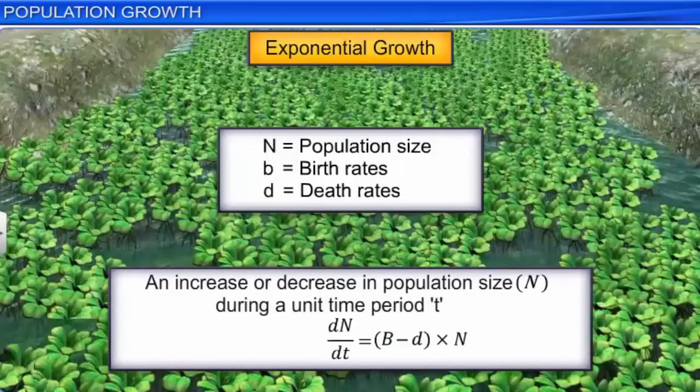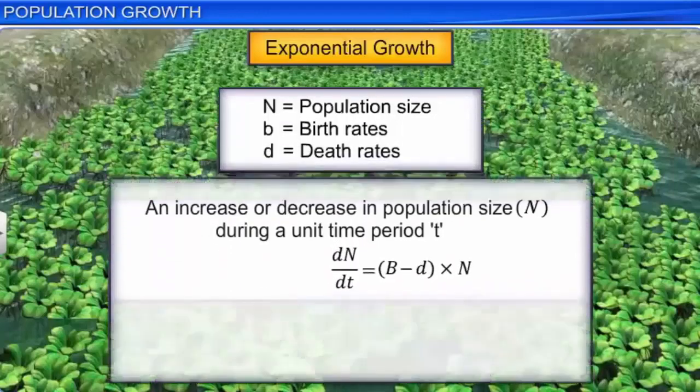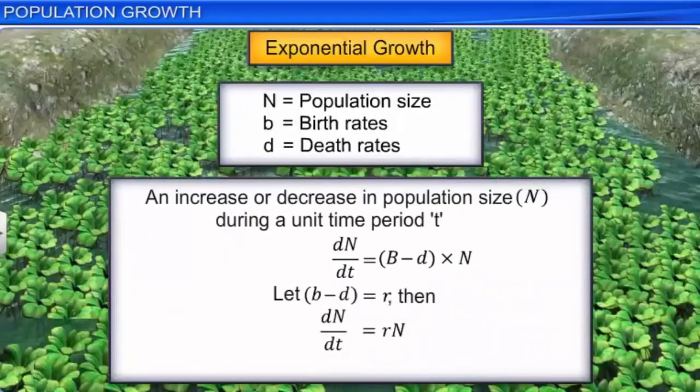The difference between the birth and death rates provides the value of r, or the intrinsic rate of natural increase. This is a very important parameter for measuring the impact of biotic or abiotic factors on population growth. The intrinsic rate of natural increase is a measure of the inherent potential of a population to grow.